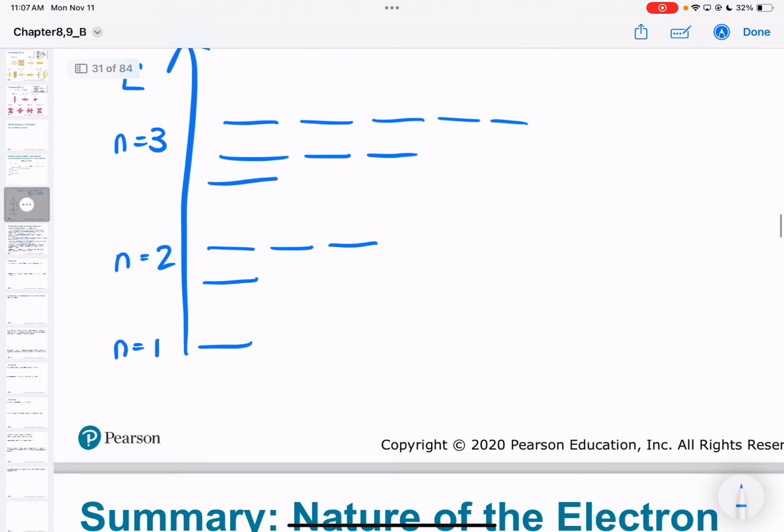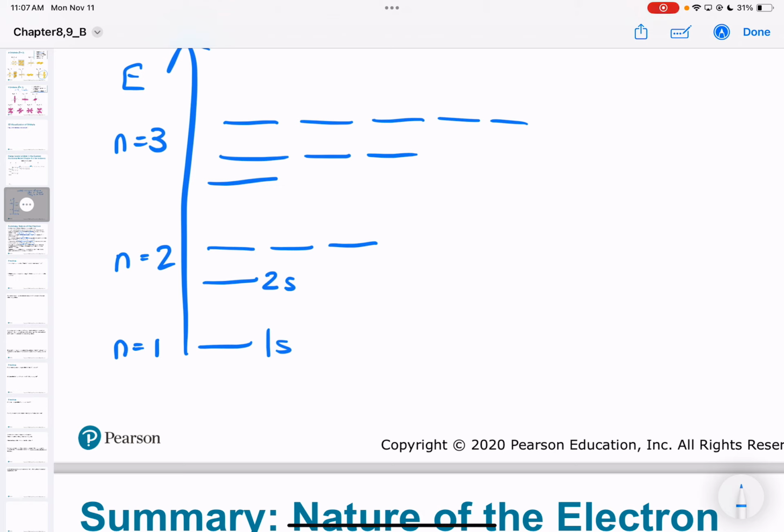So at the beginning, we have the 1s orbital, so n equals 1, and the shape is a sphere. Then we have the 2s, n equals 2. Again, the 1 and the 2 and the 3 are like outer edges, how far they are out from the nucleus. So when we get to n equals 3, there are 3 different shapes.